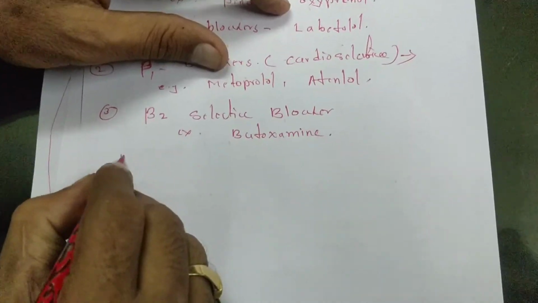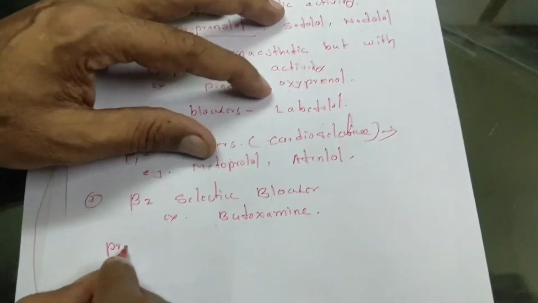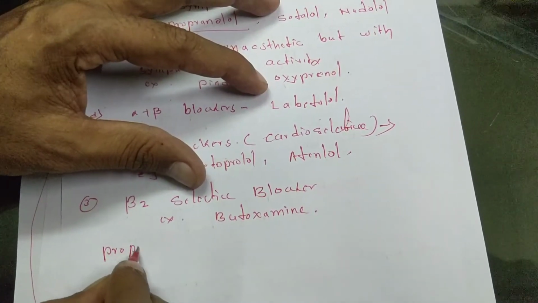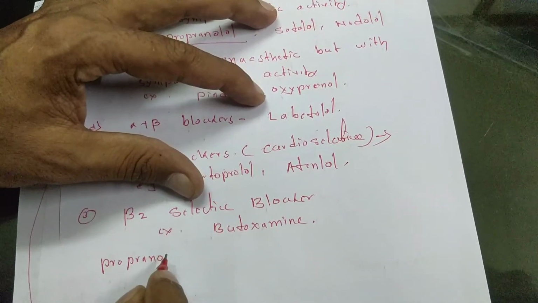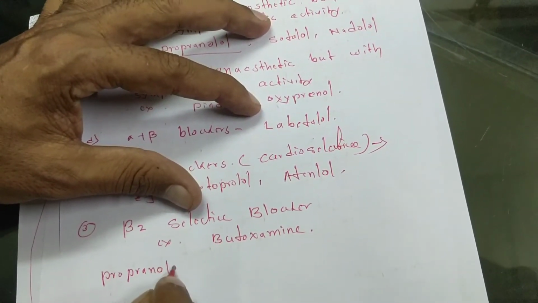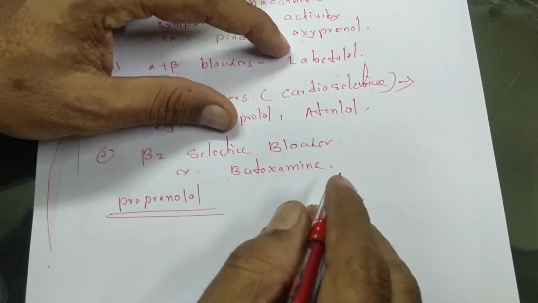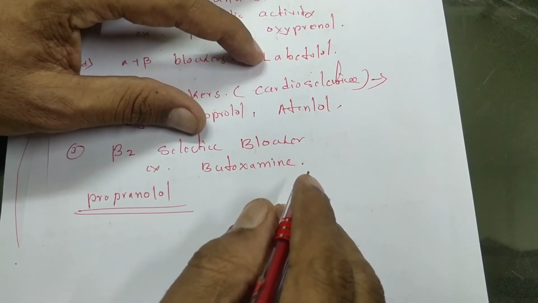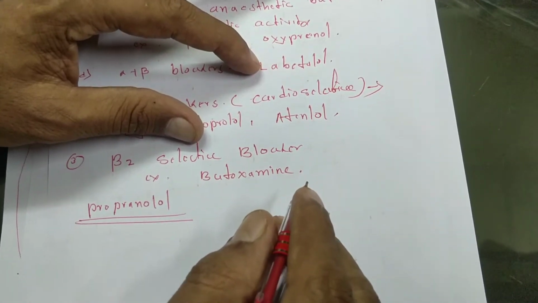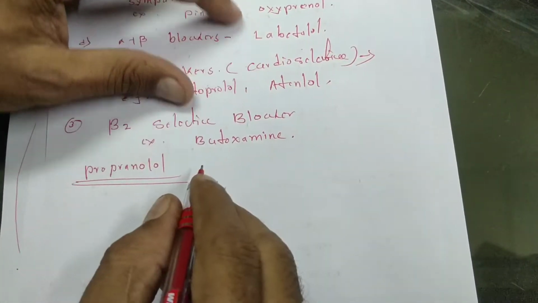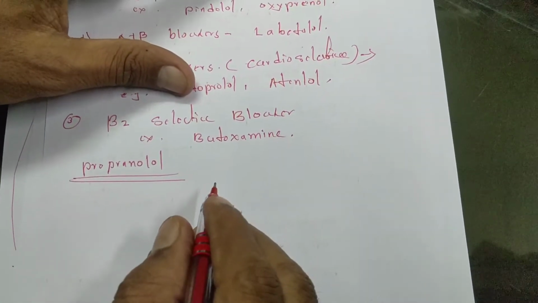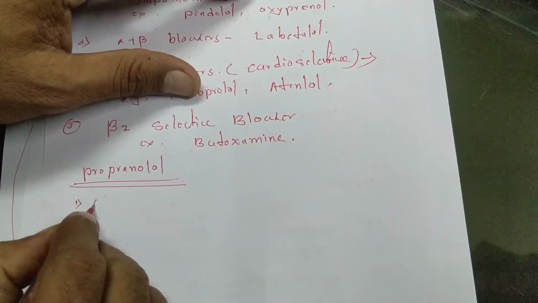Now see the pharmacology of propranolol. Propranolol has local anesthetic but no sympathomimetic activity. Now it acts on the CVS.